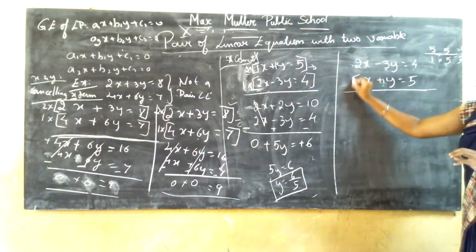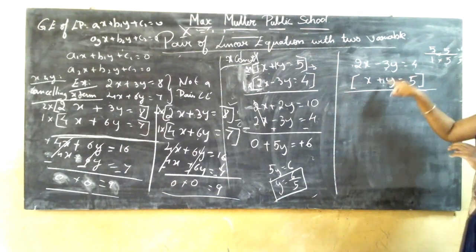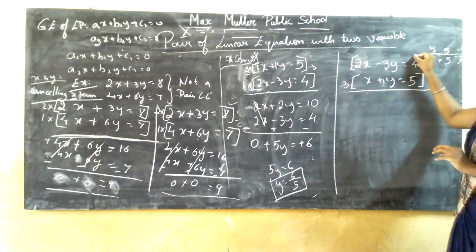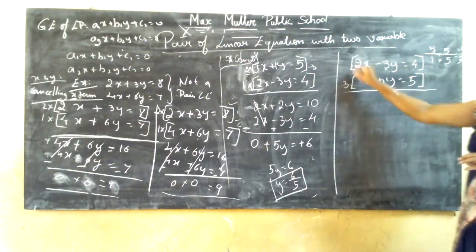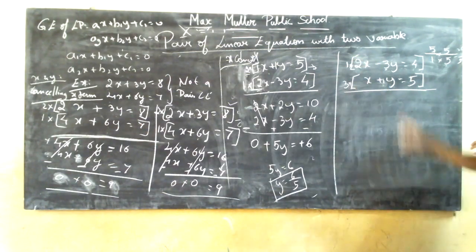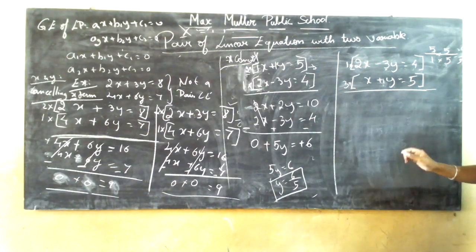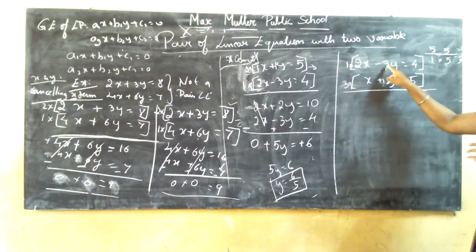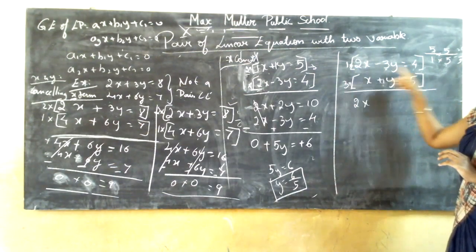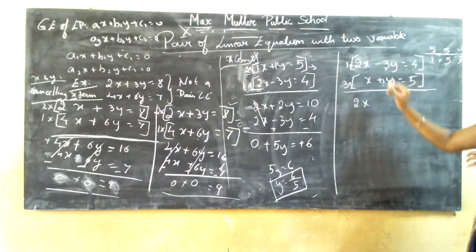Now what are you going to do? You are going to multiply the least number with the highest number, that is 3, and you are going to multiply the highest number with the least number, that is 1. Clear about this? You can also take the negative sign, but I do not want the negative sign. Let me take only the numbers. If I multiply, what happens? I get the first equation as it is because I am multiplying it with 1.